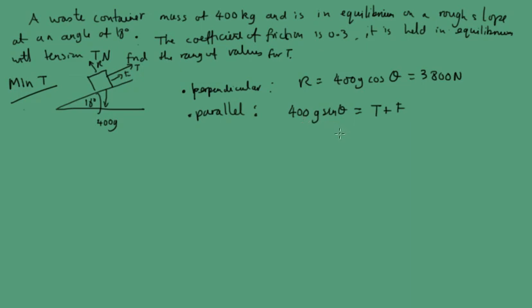So that will give us, now we can work out F because we've been told the coefficient of friction is 0.3, so it's mu, and we've just worked out R, so that will be 0.3 times 3,800, and so F is going to be 1,140 newtons.